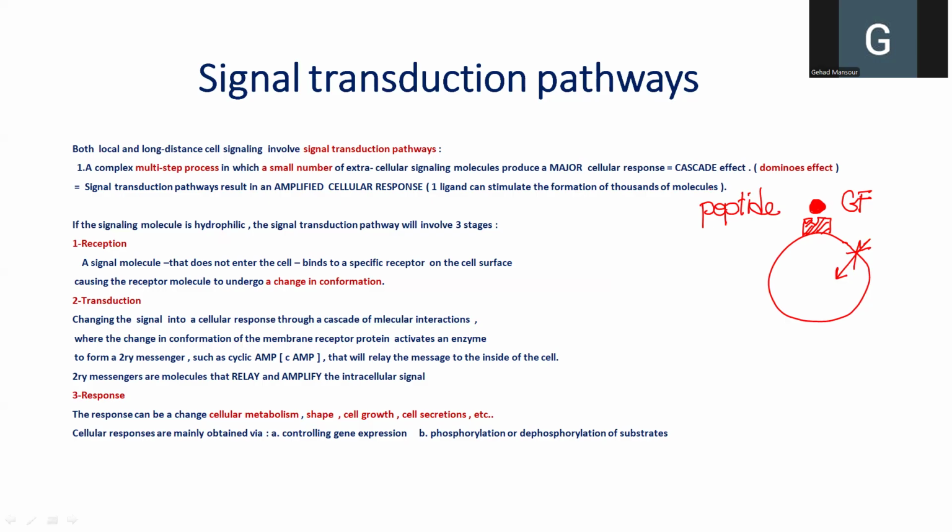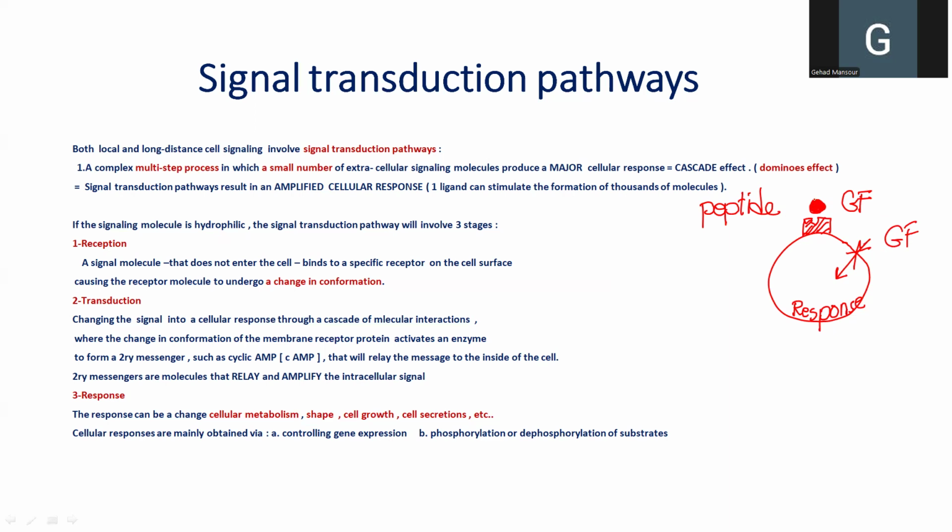So it will have to induce a cellular response inside the cell without itself being forced to enter the cell, because it will not be capable of passing across the cell membrane on its own.